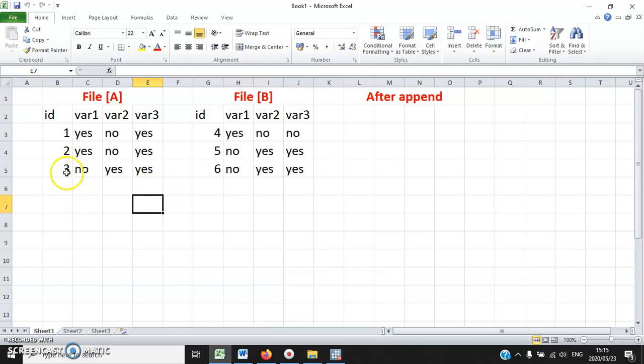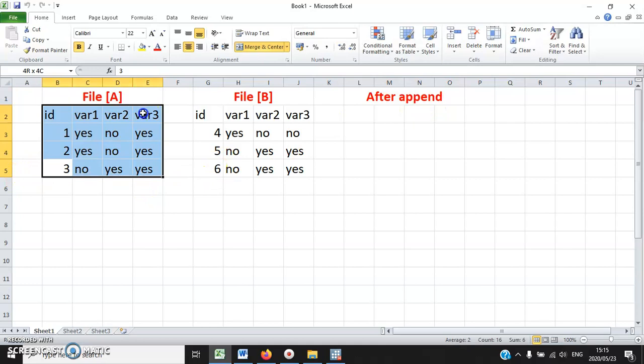Today we will still do some questions that would merge the different files together, but I want to explain what append means. Append means you want to add more observations to a starter file. So this is the explanation.